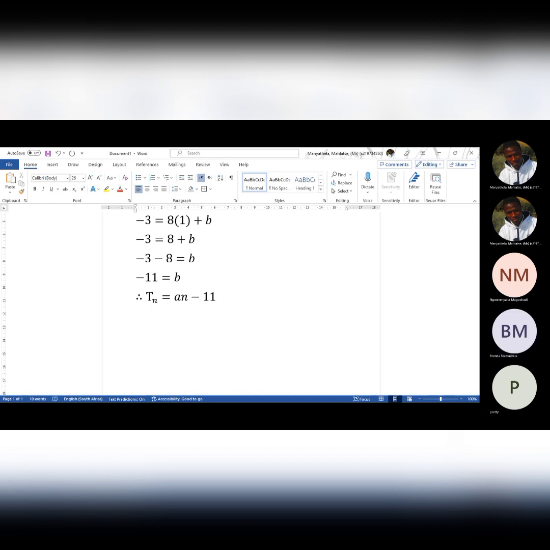So the second way you can do this is another way: Tn equals A plus D into N minus 1.